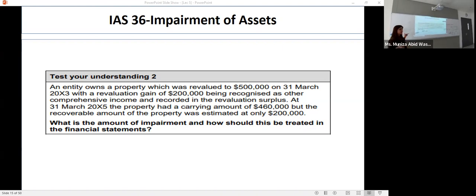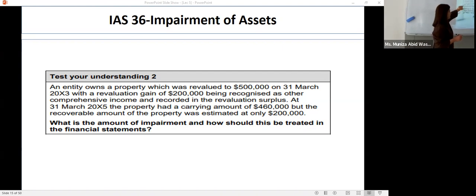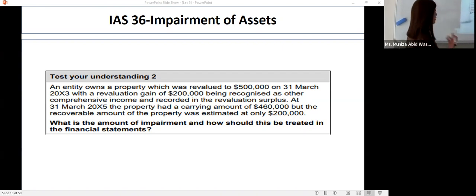At that time, we passed the accounting entry as debit non-current asset, debit accumulated depreciation, and credit revaluation surplus. But at 31st March 2005, after 2 years, the property had a carrying amount of 460,000, but the recoverable amount of the property was estimated at only 200,000. So carrying value is more than the recoverable amount.